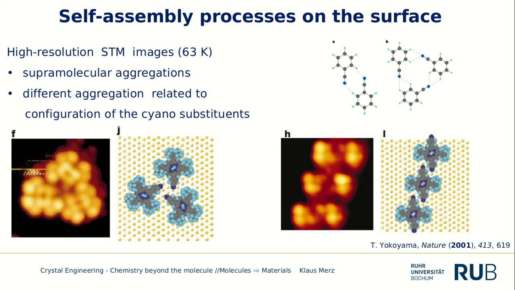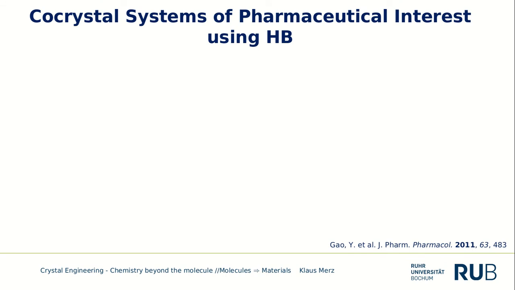Next example, you can use crystal engineering to improve properties of drugs, active pharmaceutical ingredients. This is really a very interesting field for the pharmaceutical industry. We are coming back several times to this issue.